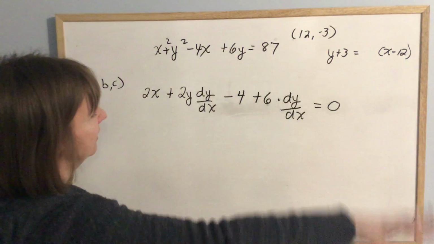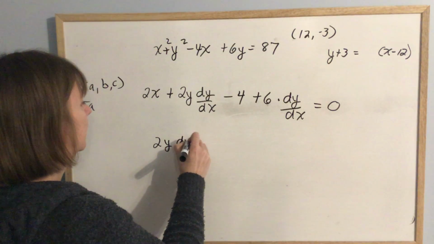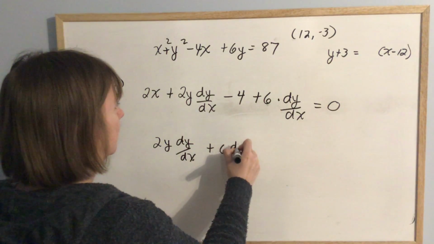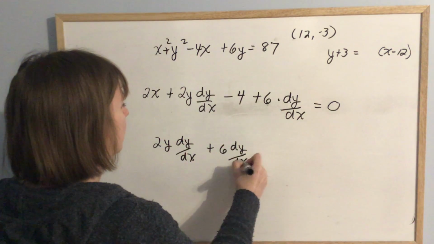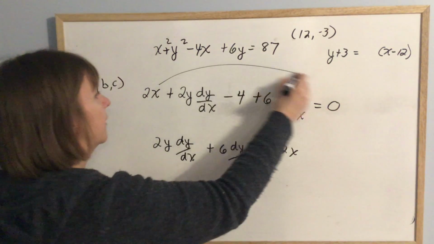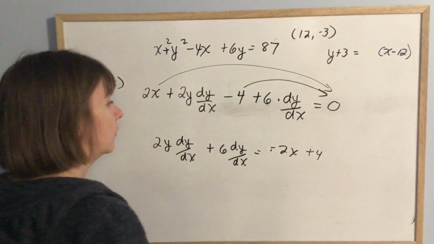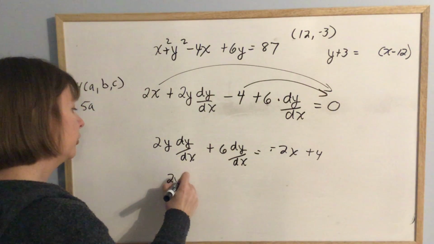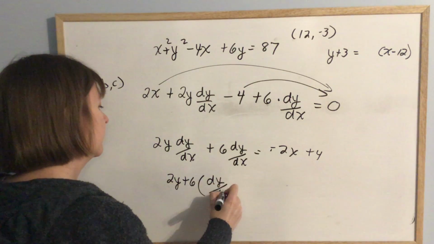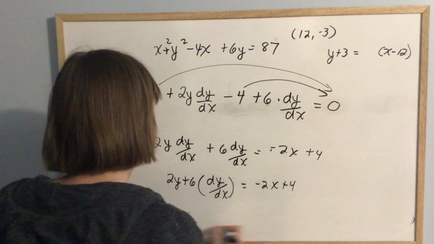So anything that doesn't have a dy dx goes over to the other side, so 2y dy over dx plus 6 dy over dx equals negative 2x, because I brought that over, plus 4, because I brought that over. So 2y plus 6 times dy over dx equals negative 2x plus 4.